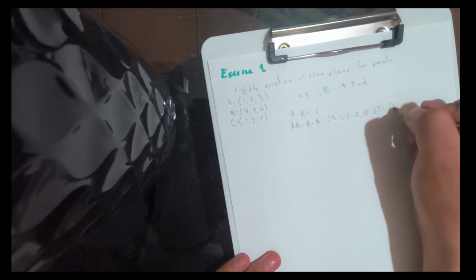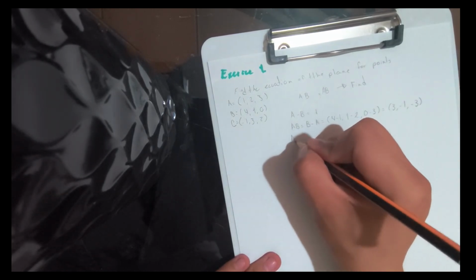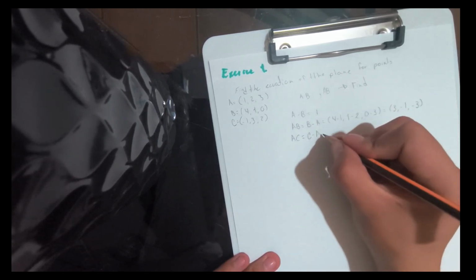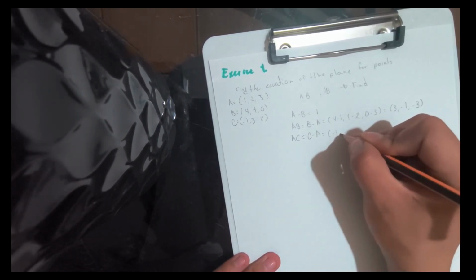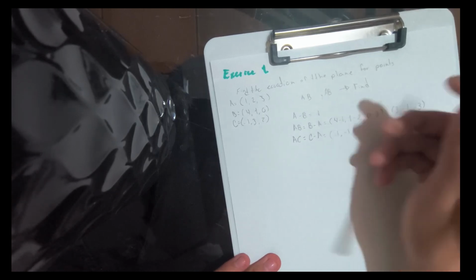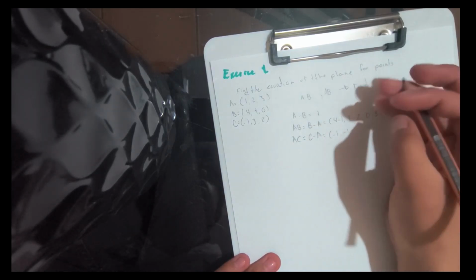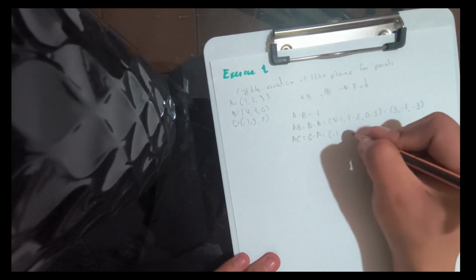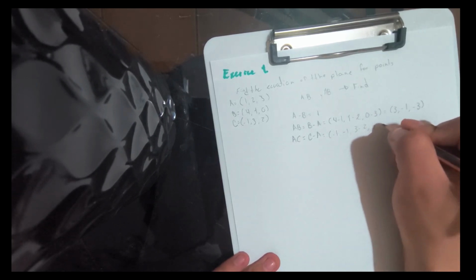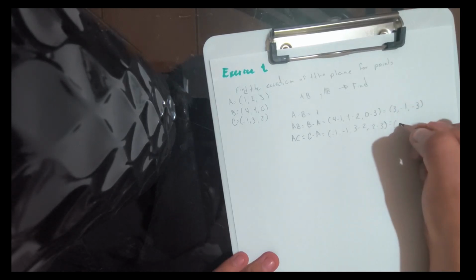This equation has the form a(x minus x_A) plus b(y minus y_A) plus c(z minus z_A) equals 0. The equation is written on the board.